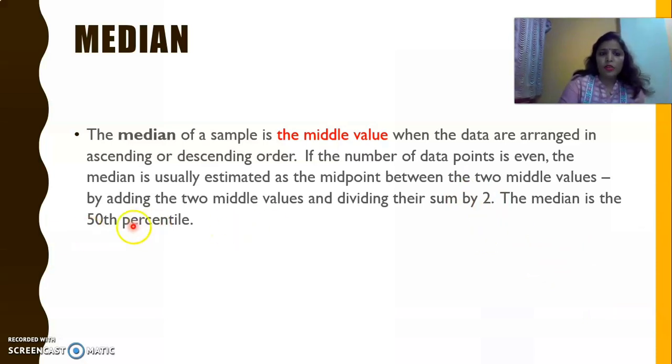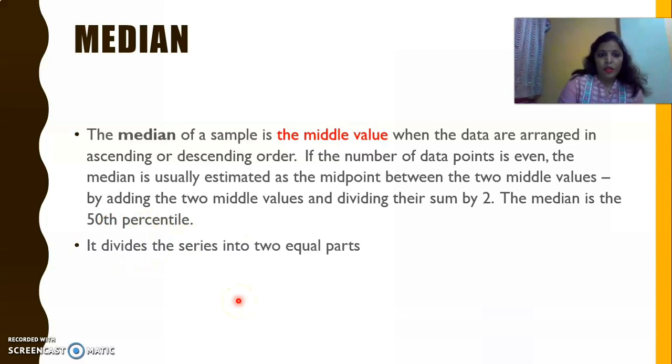And median is also called the 50th percentile. It's a middle value, and it divides the series into two equal parts because it is a middle value. But the only noticeable thing is that first of all the observations have to be arranged in ascending or descending order.